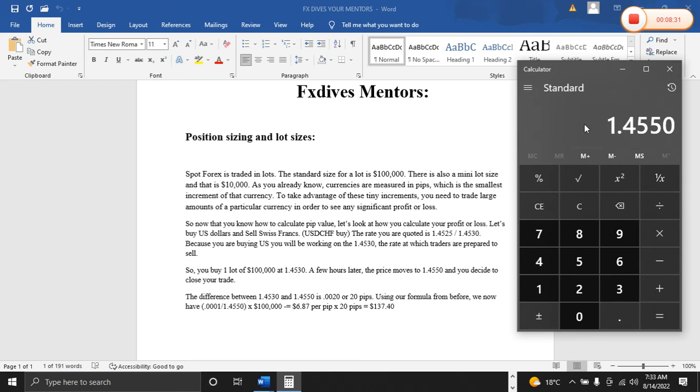Now when you get the 20 pips, you divide by the exchange rate, 1.4550. Then we multiplied and got our pip value, which was $6 per pip, times the 20 pips which we captured from one exchange rate to the other.